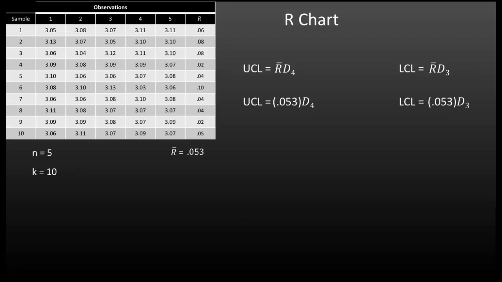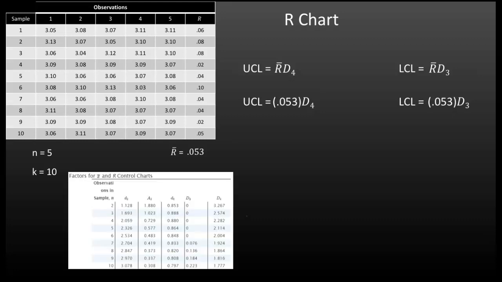Now, D4 and D3, those are constants, so we're going to be looking at that same table that we found A2 in earlier. Our N is still 5, so we're still just looking at that row. And then we find D3 of 0 and D4 of 2.114.